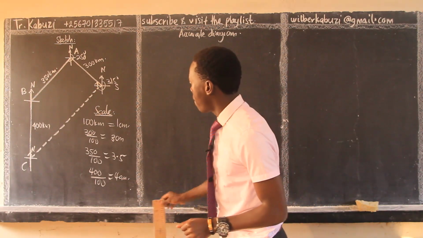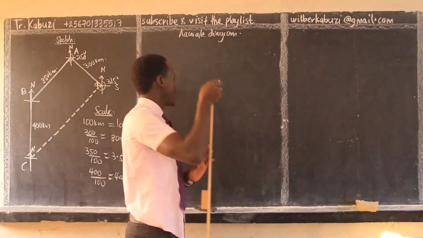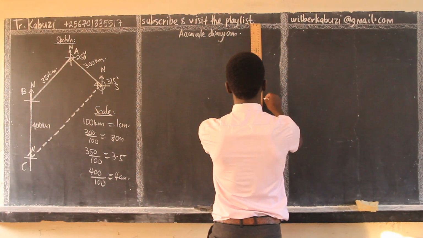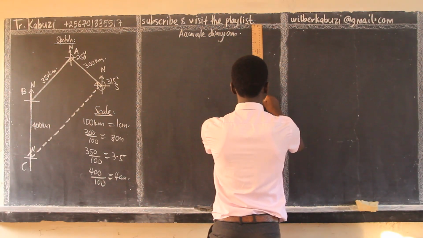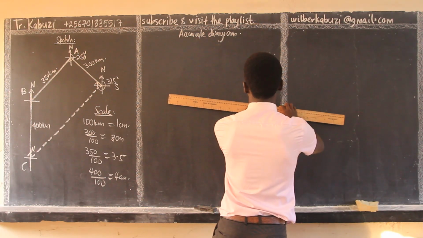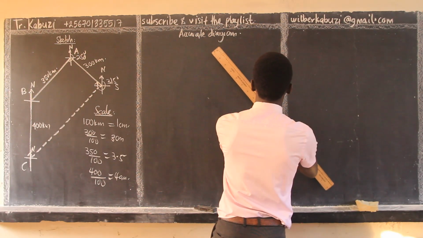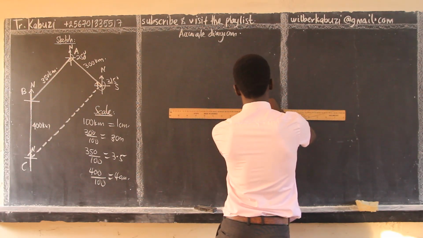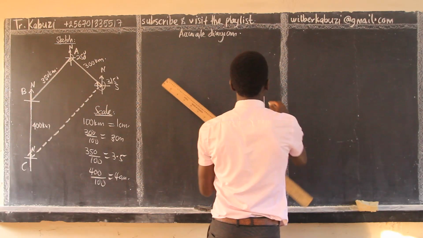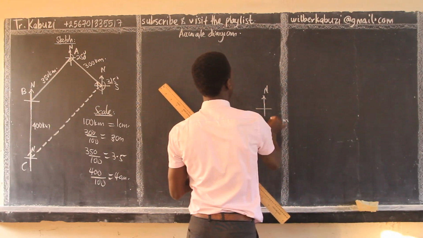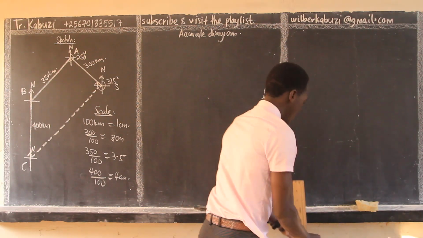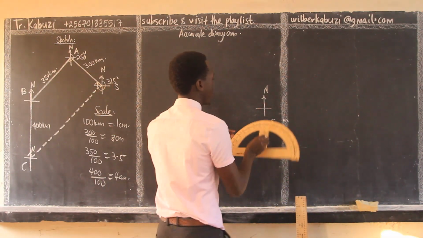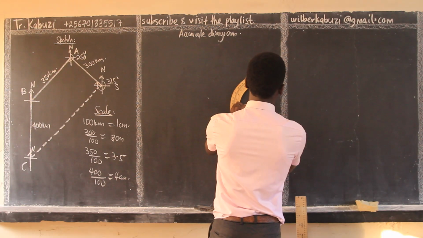Then I come to my accurate diagram here. I start with my point S, which I'm going to put around here. Okay. So now I measure. This is my north. This is my S. So from there, I measure 315 degrees.